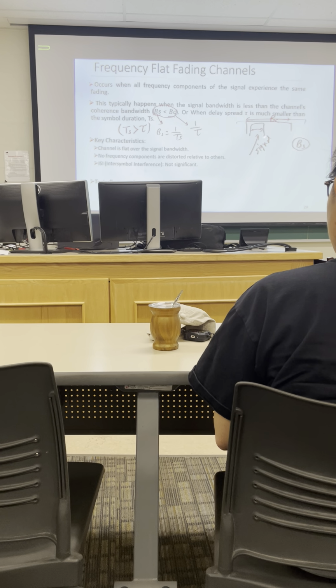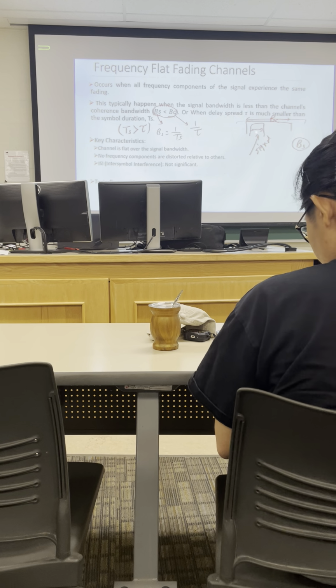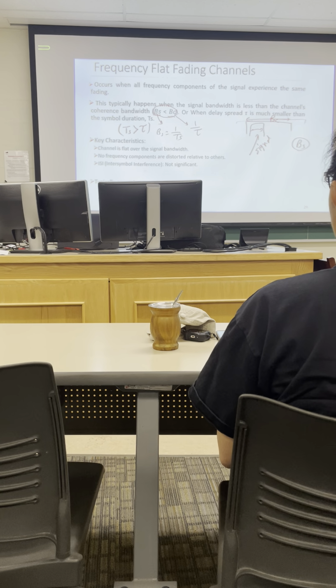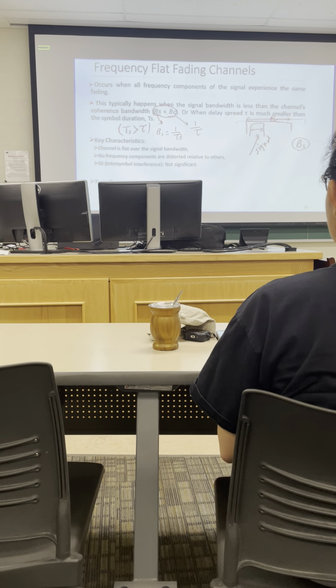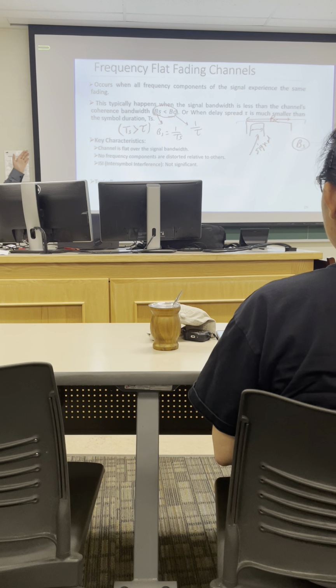So BS smaller than BC means that the signal will experience the same condition, right? Something very fair. Similar to, for example, you being 50 students or 40 students, whatever. You would like everybody to be treated with a similar treatment, to be fair.